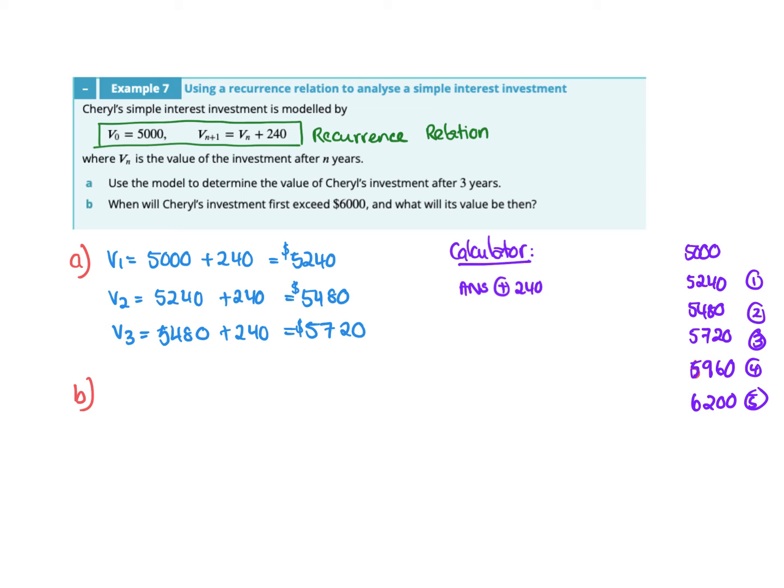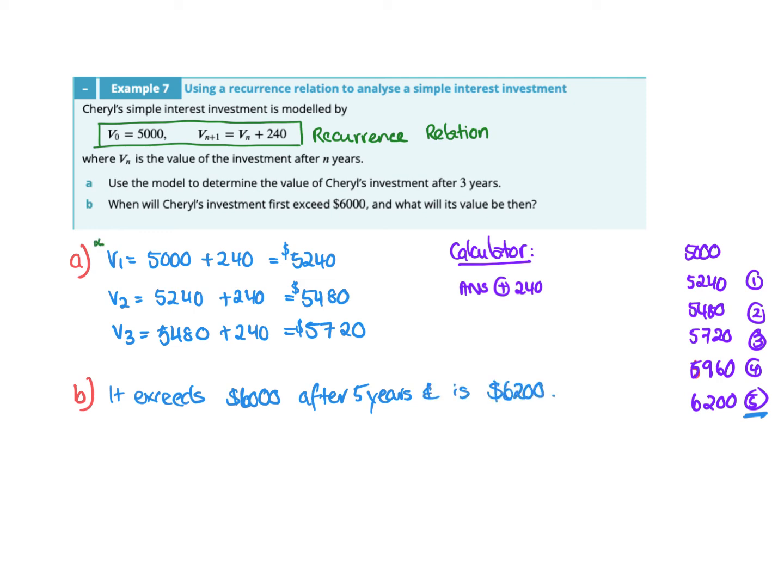When will Cheryl's investment first exceed 6,000, and what will its value be? We're going to say it was 5, so it exceeds 6,000 after 5 years, and is 6,200.